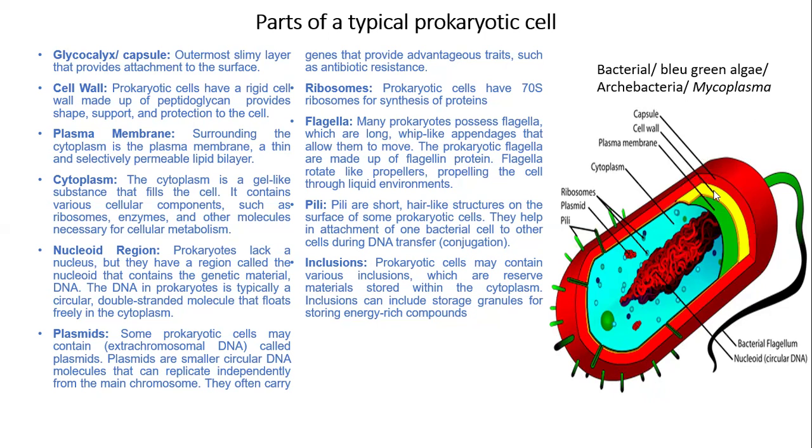And inner to the glycocalyx is the cell wall. This yellow part, inner to glycocalyx, is the cell wall. A bacterial cell contains a cell wall just like a plant cell, but the composition is different, consisting of peptidoglycan molecules that provide support and shape to the cell.